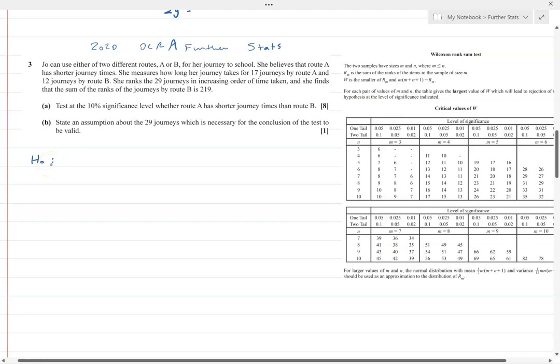It does want us to do a significance hypothesis test, so we need an H0 and we need an H1. So H0 is that the median of A is equal to the median of B. There's no difference.